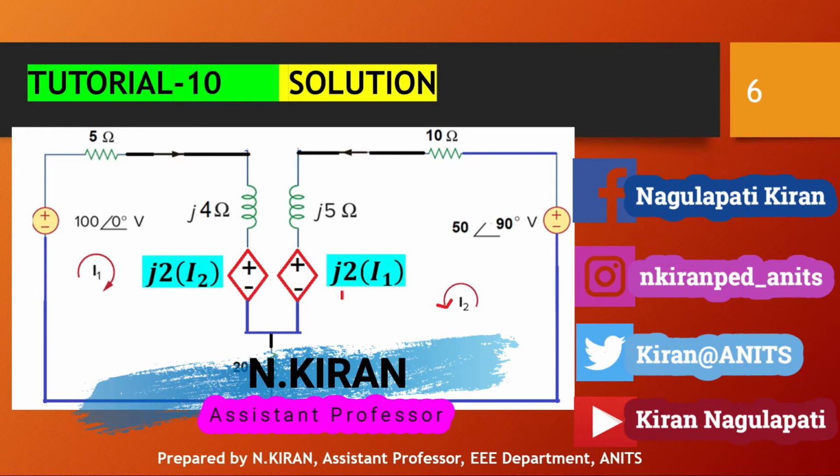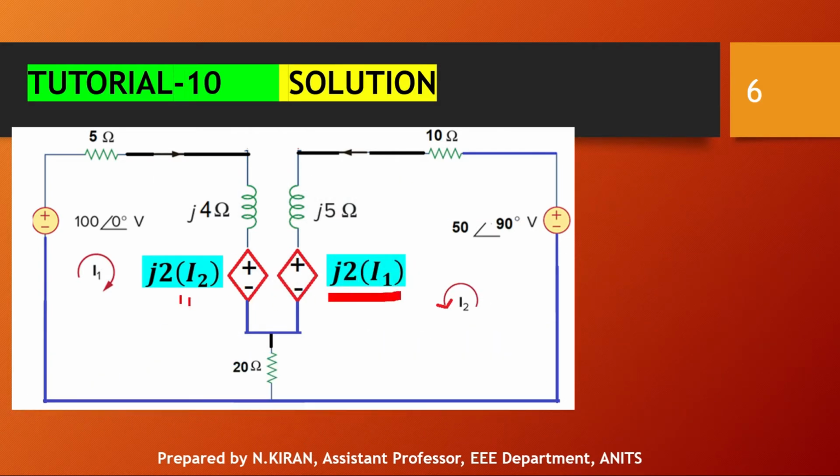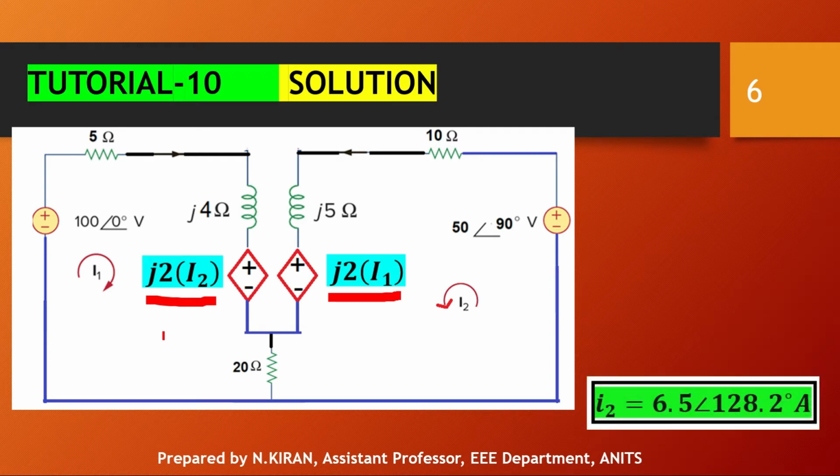Since M value is J2, here I'll get J2 I1, and I'll get J2 I2 in the first coil. Applying KVL to both the meshes will give me the KVL equations, and on solving the KVL equations by Cramer's rule, I2 is nothing but delta 2 by delta. On simplification, you will get the I2 value to be 6.5 at an angle 128.2 amps. I'll leave the calculation part to you as an exercise.